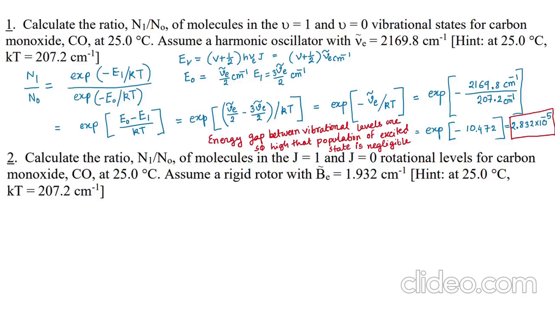Now the same condition for the rotational levels. Let's see what is going to happen. Same. So n1 by n0. See now, here comes the degeneracy factor, and then your Boltzmann thing.